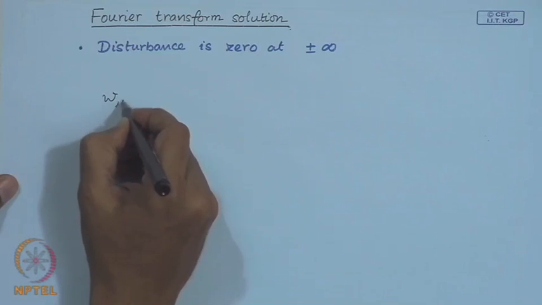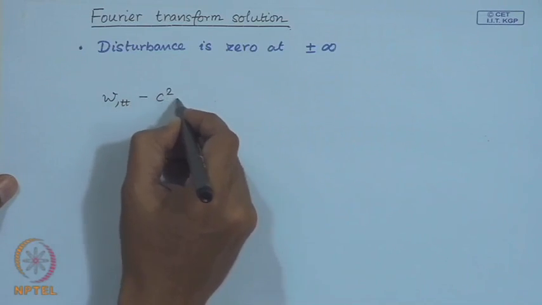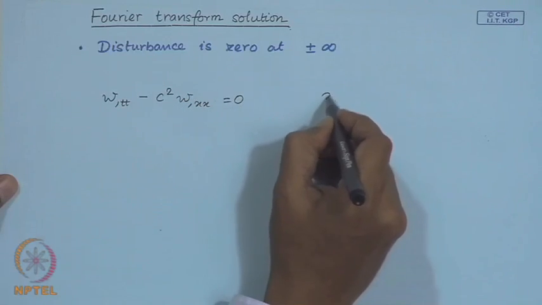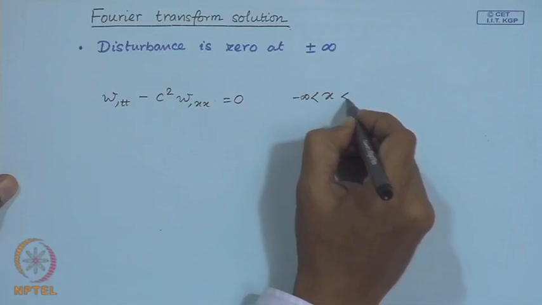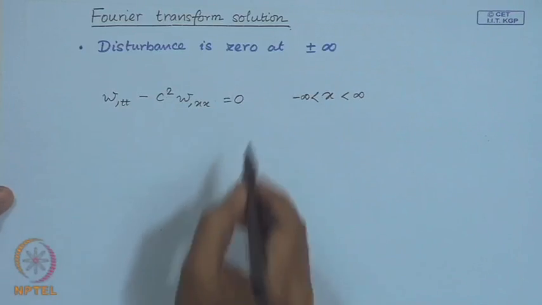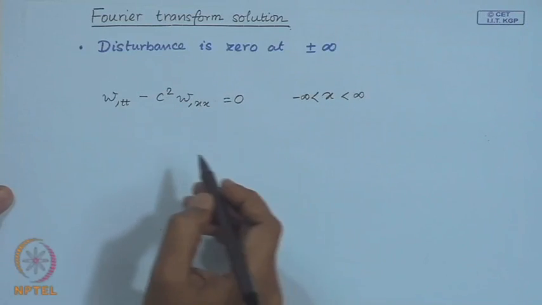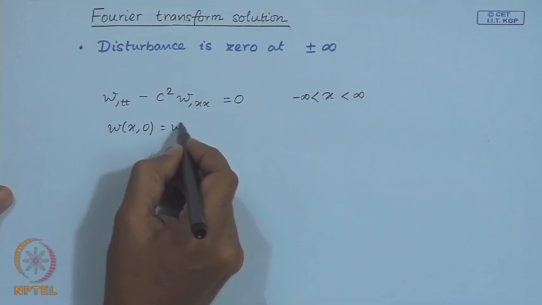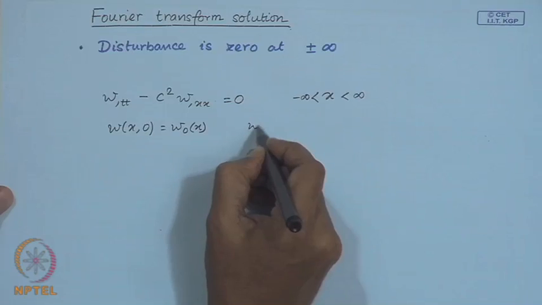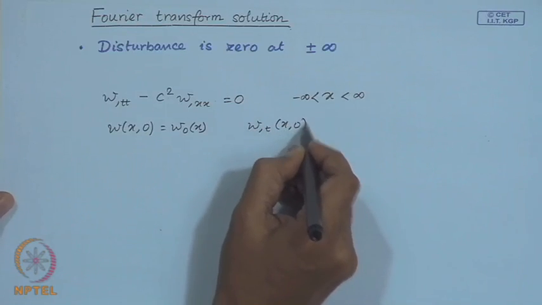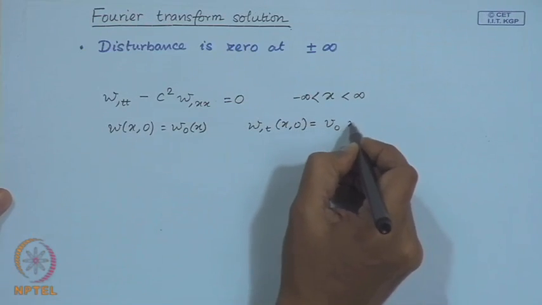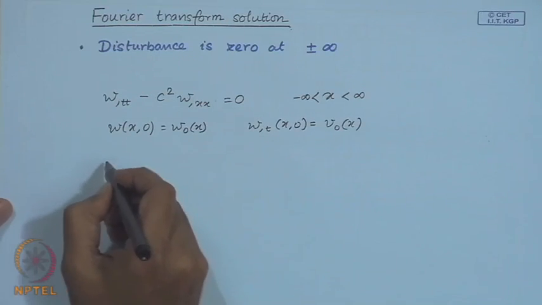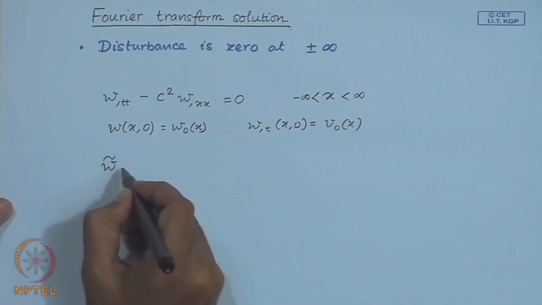So, our equation of motion is given like this. There are initial conditions, and we define the Fourier transform.